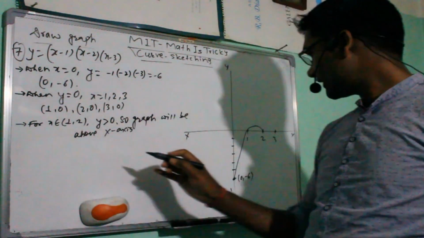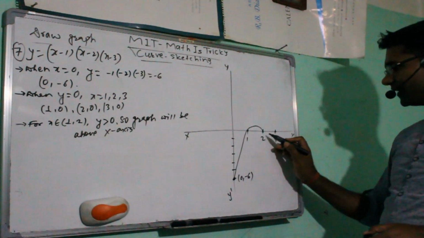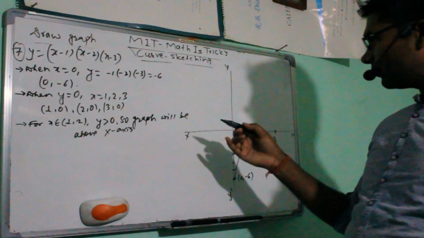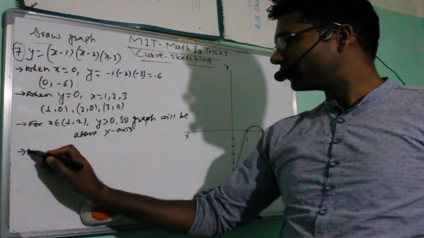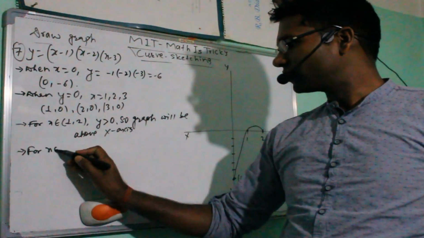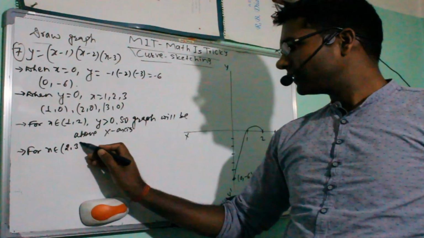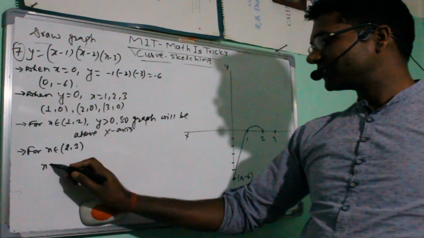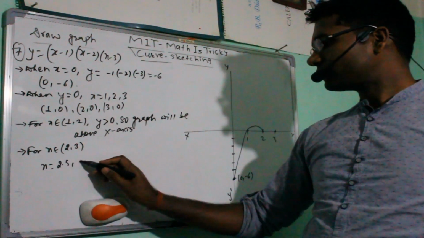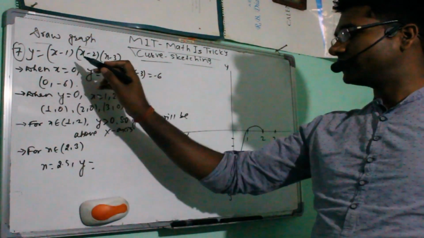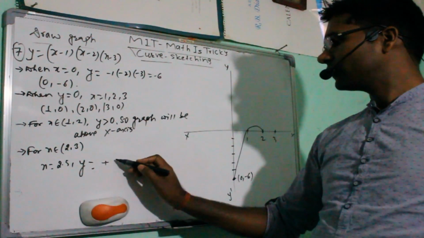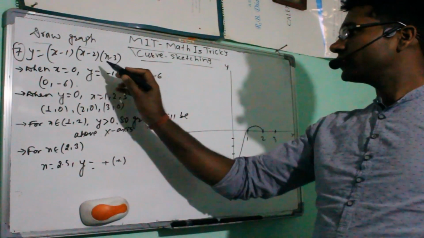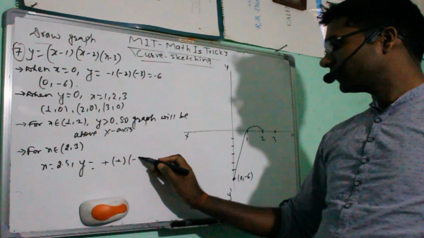Now let's check for 2 and 3. In between 2 and 3, what would be the graph, whether it is going up or down. So for x belonging to (2, 3), if we take x equals 2.5, what is the value? This first one is positive, then positive, so this is negative.